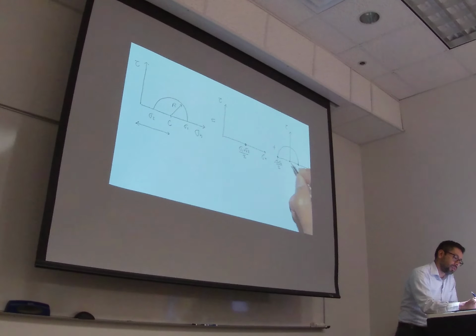All right, so let me find the corner of the page here. This is going to be the stress tensor. And we're going to do exactly the same thing that we did before, but we'll do it as a matrix operation.